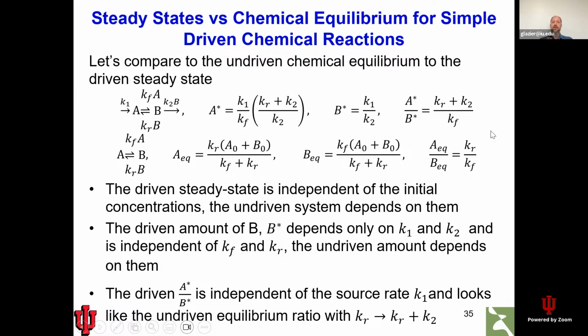And so there are similarities, but they're not the same. When you want to talk about steady state versus equilibrium, there are certain aspects which are similar. Bigger KR means you get more equilibrium A. Bigger KF means you get more B. That makes sense. But the other dependencies are quite different.